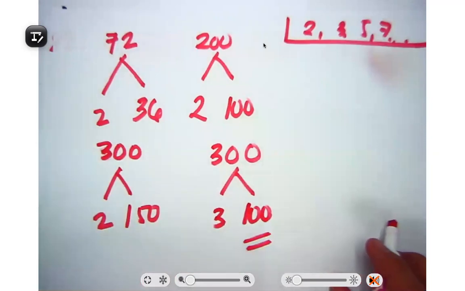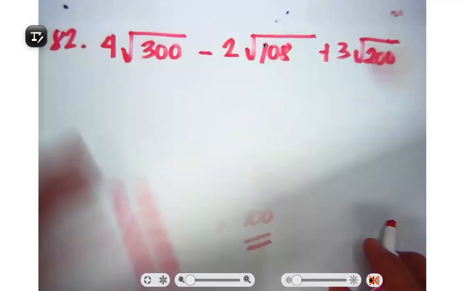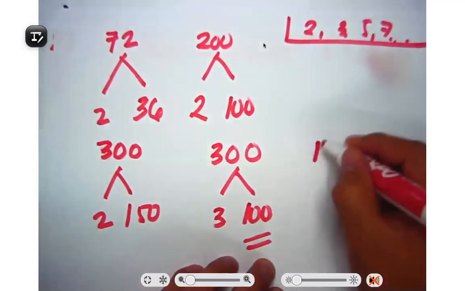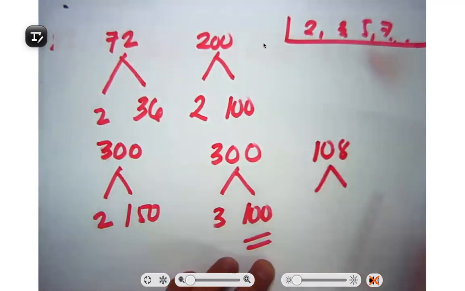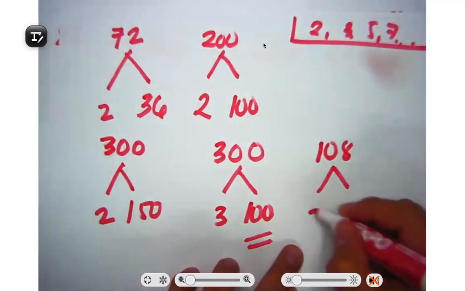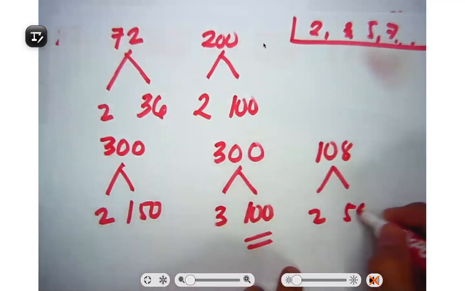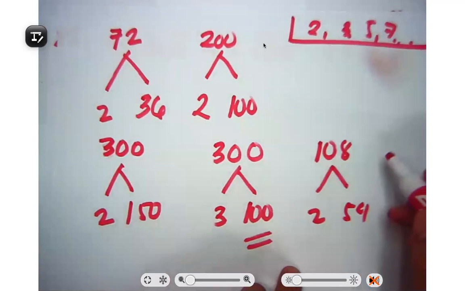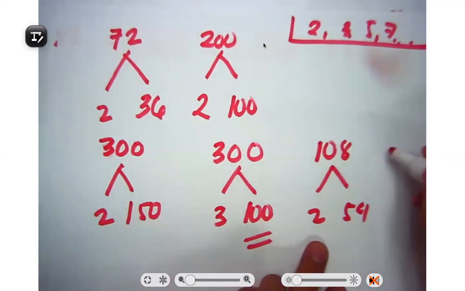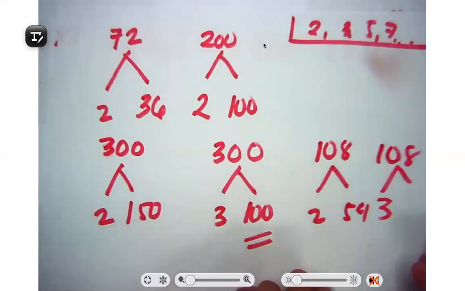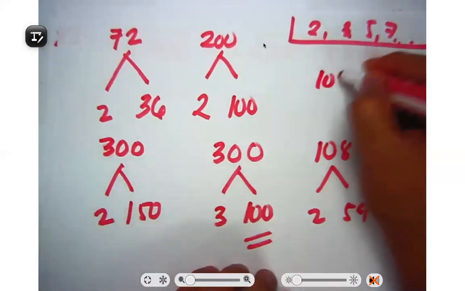And then we have 108. Can we divide it by 2? Yes, we can, but 108 divided by 2 is 54, and it's not a perfect square. So let's try another. Can we divide it by 3? Yes, we can. What's 108 divided by 3?